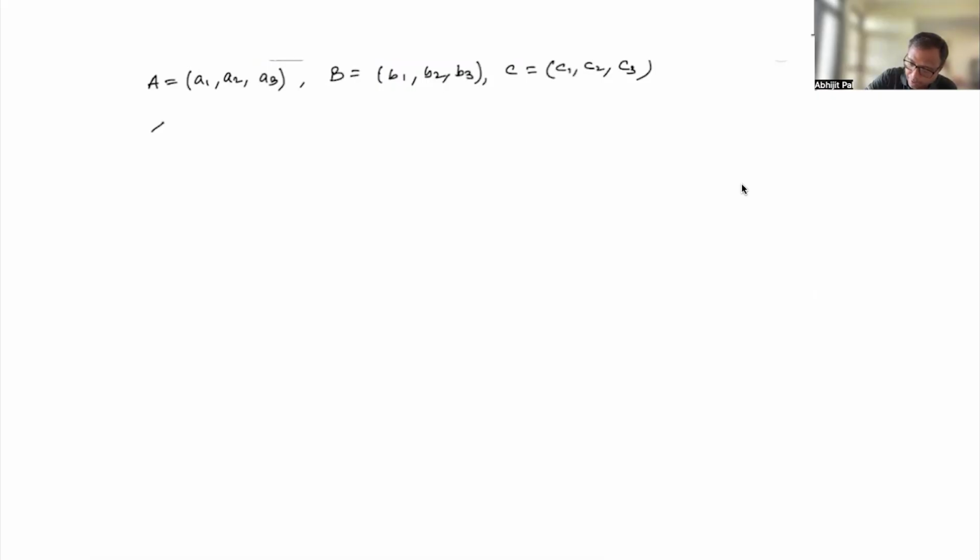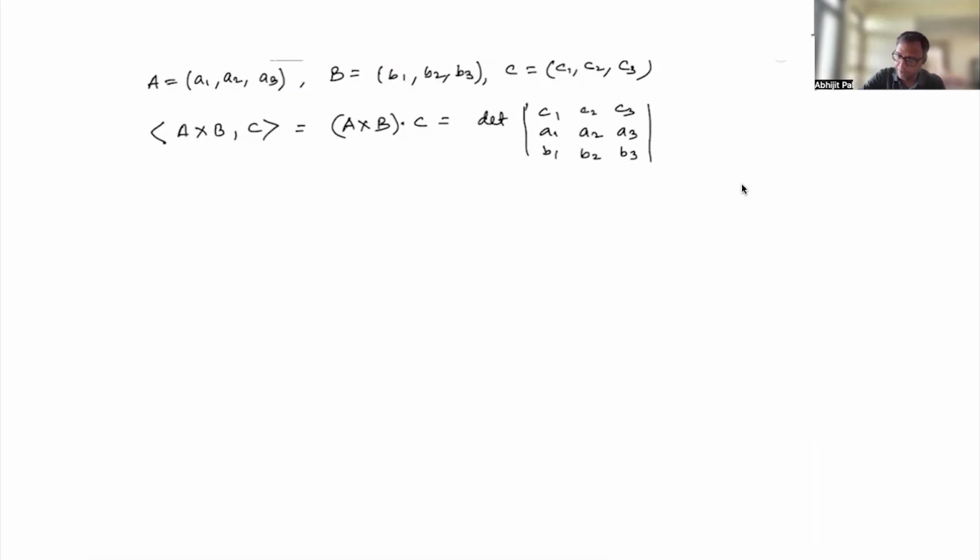Then the inner product of A cross B with C, which is the dot product of A cross B with C, is equal to the determinant of the matrix with rows C1, C2, C3, A1, A2, A3, B1, B2, B3.